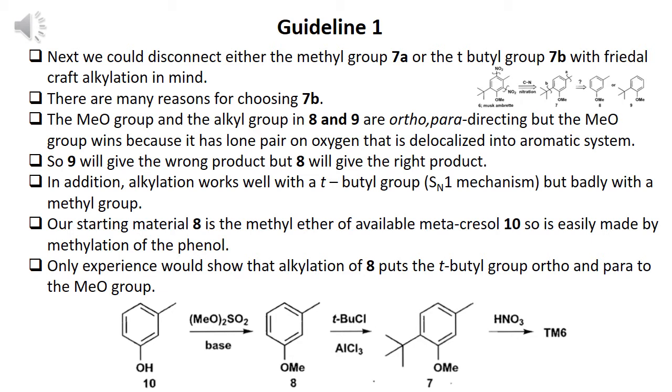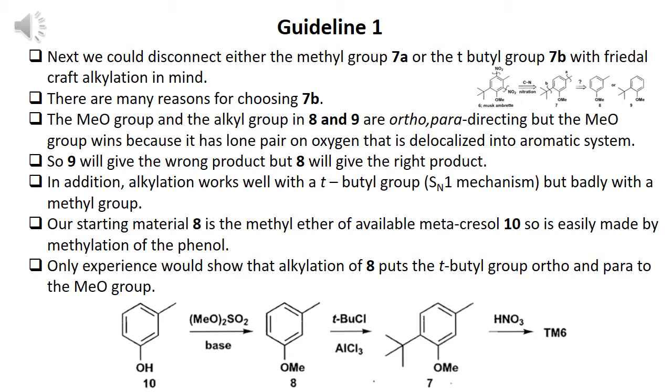Our starting material 8 is basically the methyl ether of available metacresol. For example, there is the metacresol, and in the disconnections you can say that we go down from 10 to 8 and then to 7 and then to TM6.